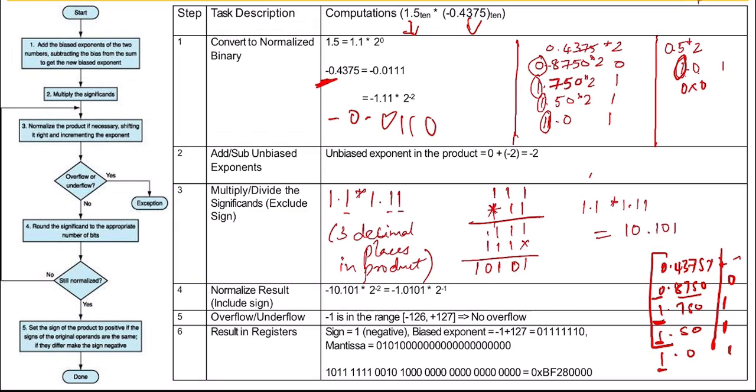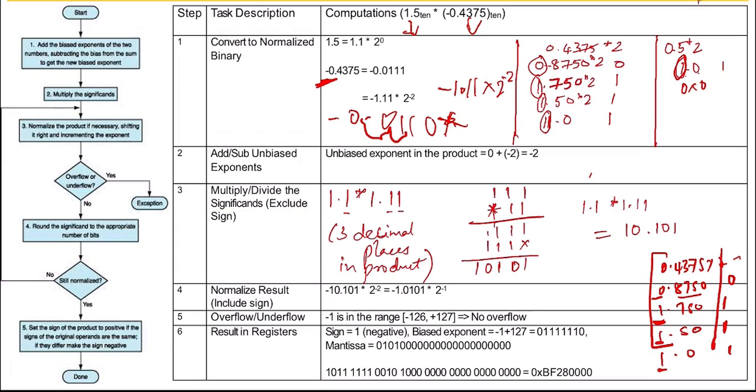When we are done, we need to normalize it. So we move the point here twice. So it's going to be negative 1.11 times 2 to the power negative 2. Now what we are going to do is add the unbiased exponents of both. One is negative 2 and one is 0, so when we add them, we get negative 2.